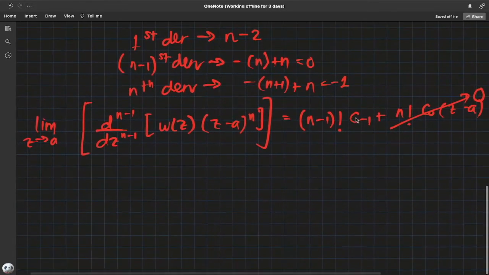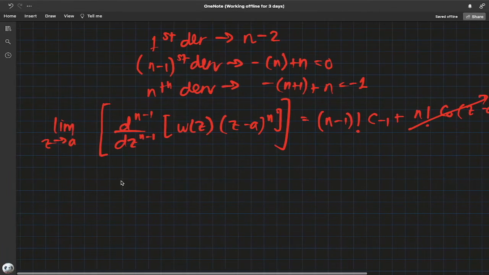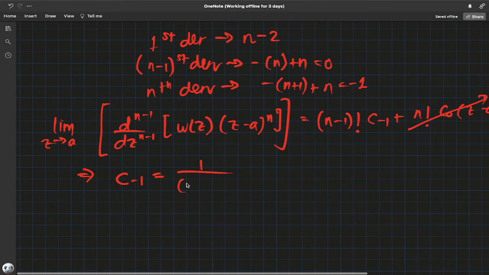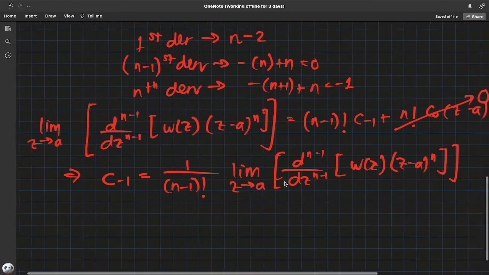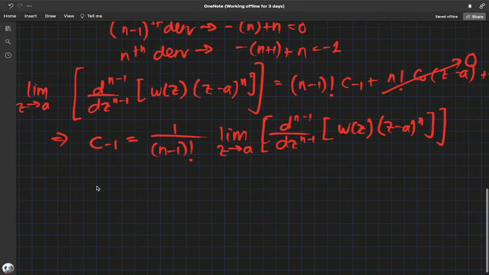So we're just left with c sub minus 1 times this factor, which means c sub minus 1 is nothing but 1 over n minus 1 factorial, times the limit as z goes to a of the n minus first derivative with respect to z of w of z times (z minus a) to the nth power, like that.